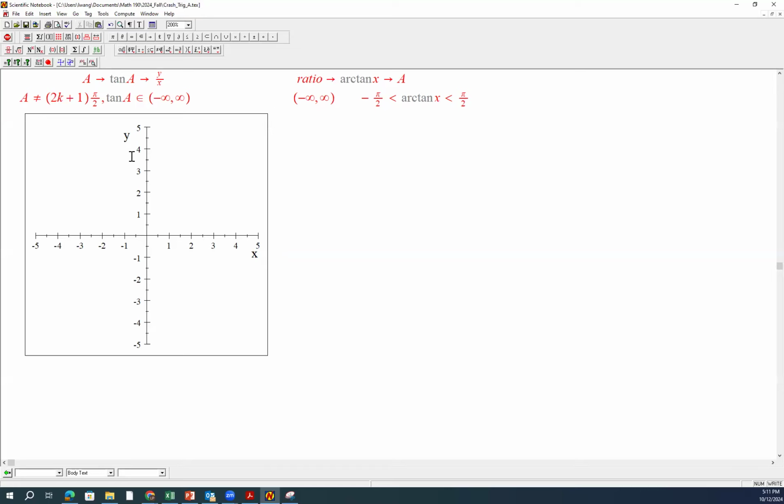So when we are working with arctangent, we understand that we're going to cross out quadrant 2 and quadrant 3. Only quadrant 1 and quadrant 4. And the terminal does not touch the y-axis.